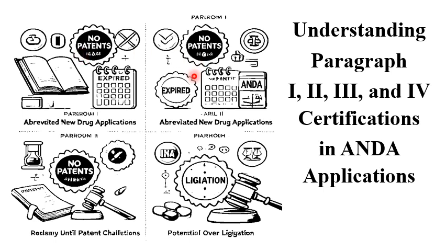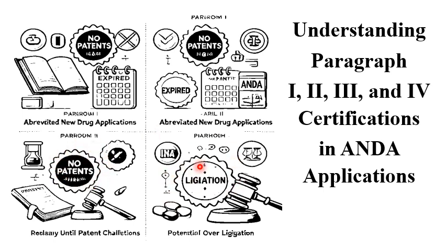In para 1, 2 and 3 litigation will not be there, but in para 4 litigation may happen or will be there. In para 1 patents are expired, in para 2 also patents are expired, in para 3 patents are not expired, but the applicant will wait till the patent expiry for getting the marketing approval or for commercialization.